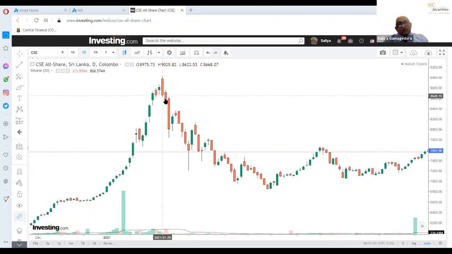Now, when you move the cursor, you will see the values over here changing, and those are the values for each and every candle.